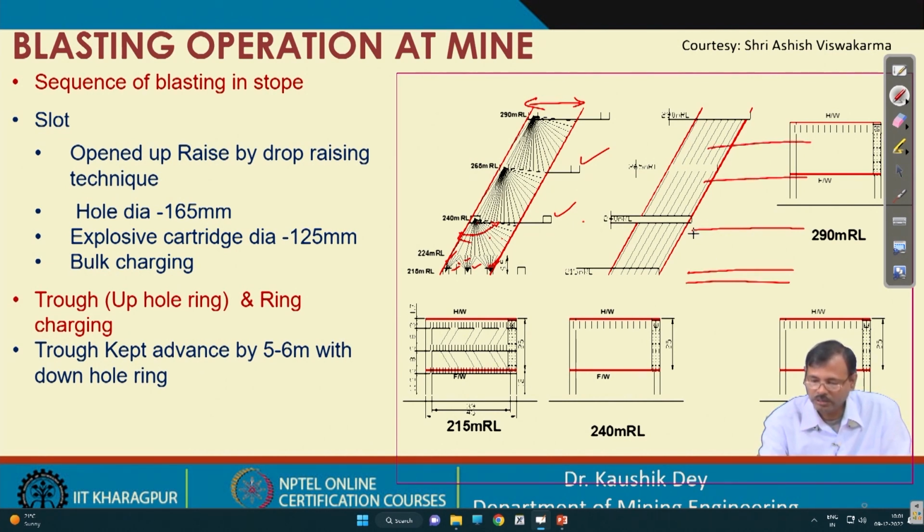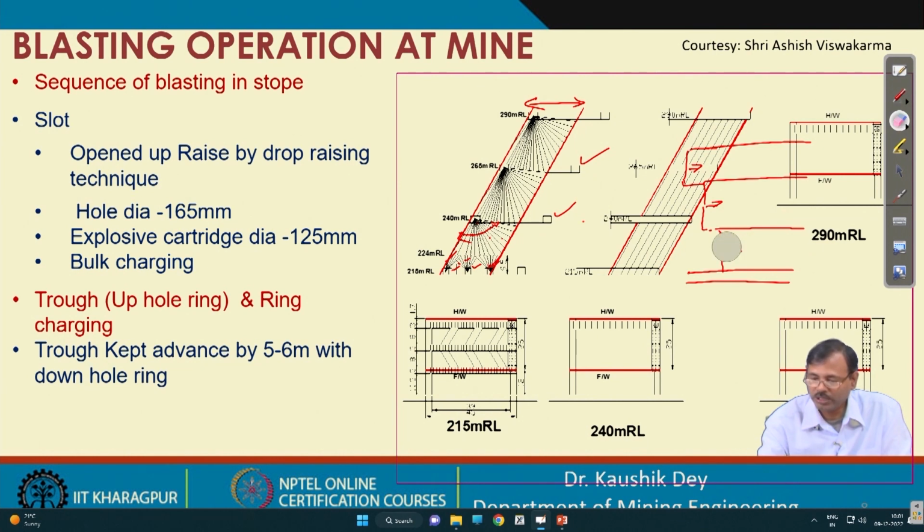So, what is happening here, this face is at this position, this face is at this position, and this face is at this position. So, the lower one is ahead of the upper one, so that this blasting is allowed.